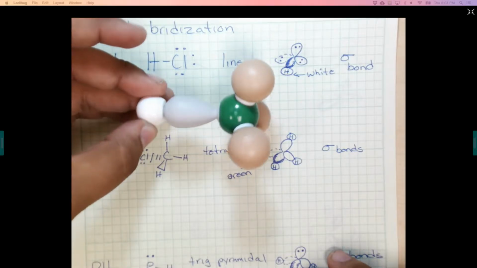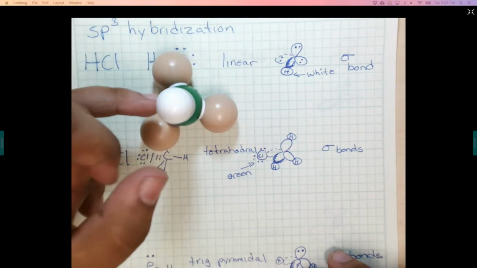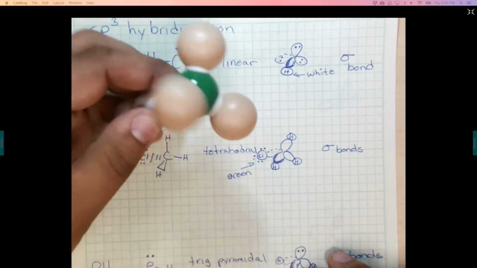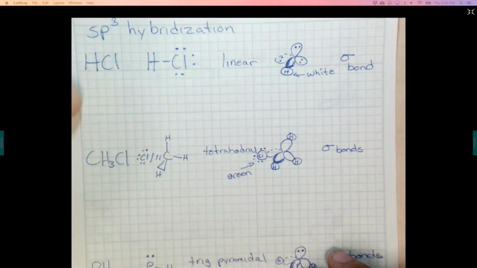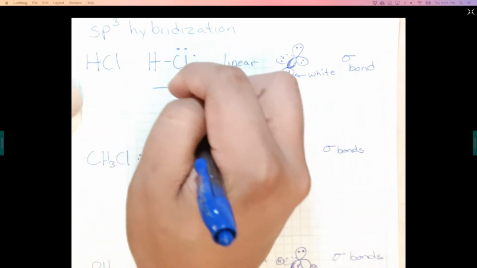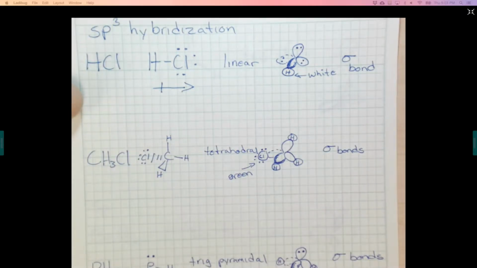So this is what in three dimensions the hybrid orbital would look like, and then we have lone pair electrons that reside around the chlorine. This is a sigma bond, and you would also need to know that we have a polar molecule, with a net dipole towards chlorine and a bond dipole in that same direction.